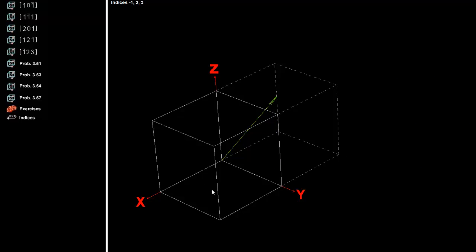Notice for any of these we didn't actually have any directions or units here. So in fact this could be a cell that has maybe this is 90 degrees, maybe it's not 90 degrees, but it has a cell here where this length could be a nanometer, it could be half a nanometer, and same thing with this.